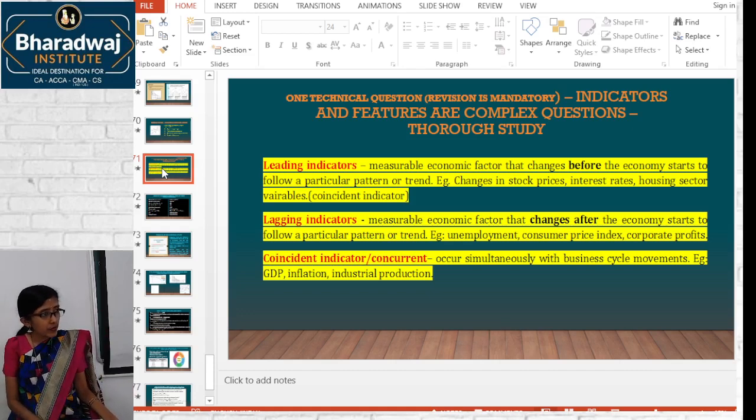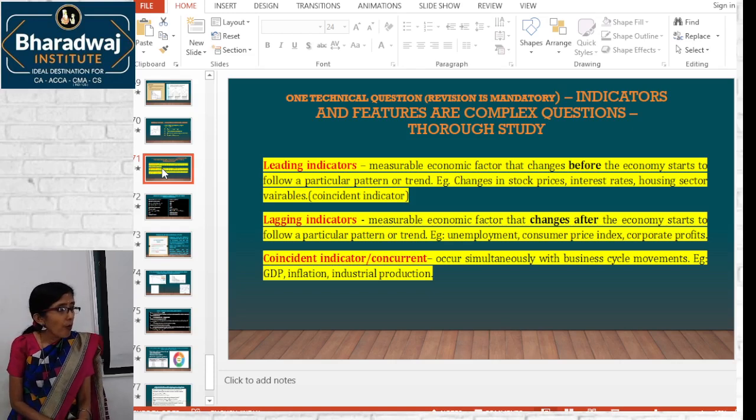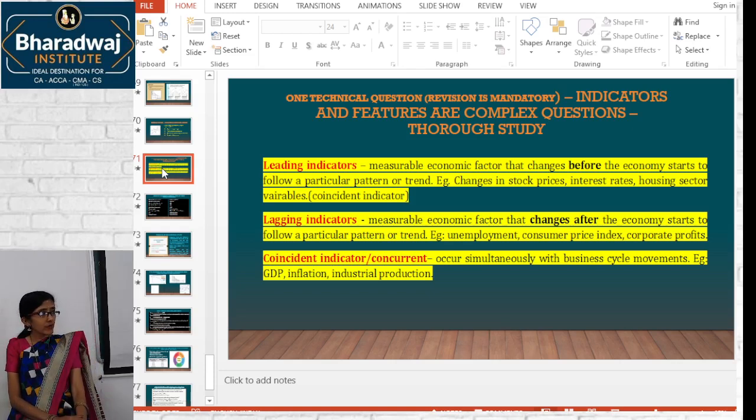Dash refers to the highest point of the business cycle. Correct. Peak. Good. Then, during the period of contraction: option A, supply exceeds demand; B, demand exceeds supply; C, supply is equal to demand; D, it depends upon the economic condition. What happens? You tell me.